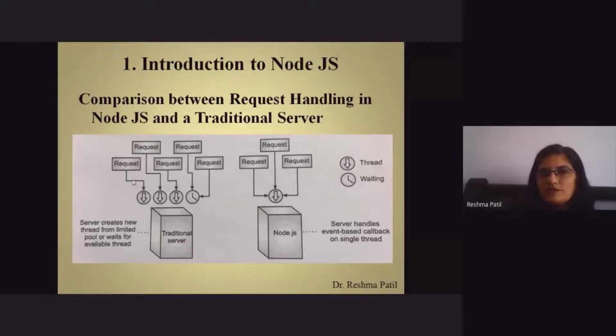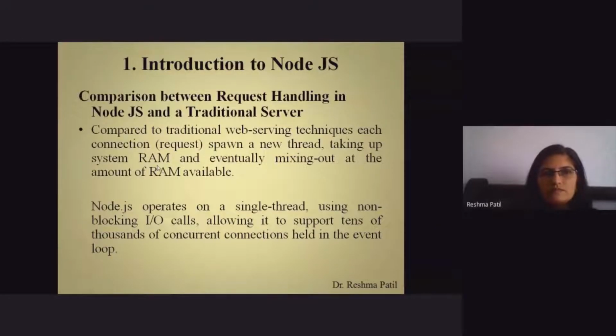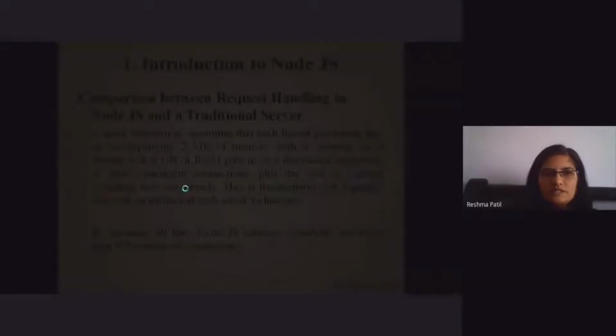So this is the difference between traditional server request handling and Node.js server request handling. So here, if no thread is available, we have to wait till other threads are empty. So this is comparison. Same is written here.